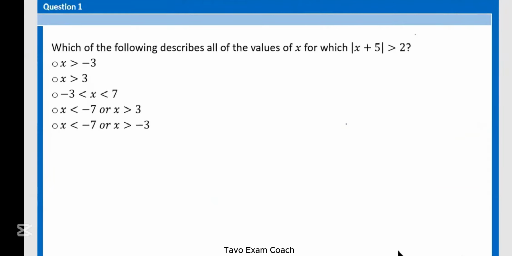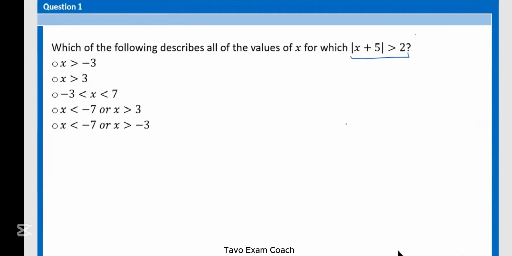Which of the following describes all of the values of x for which the absolute value of x plus 5 is greater than 2? If we want to know what values of x satisfy this inequality, well, we simply use the abbreviated form to expand.